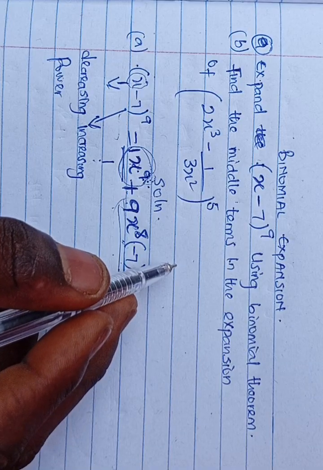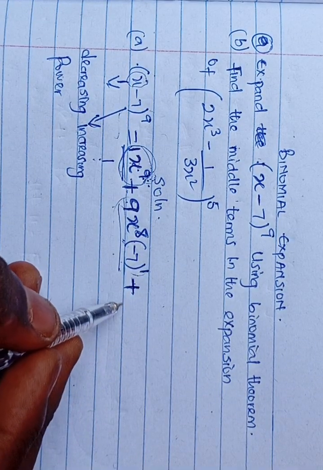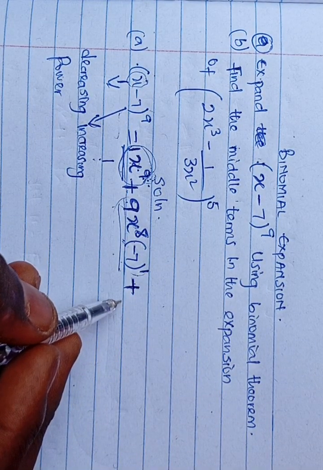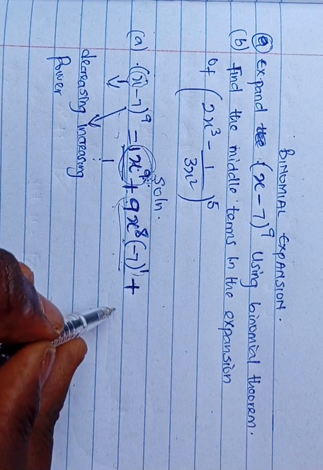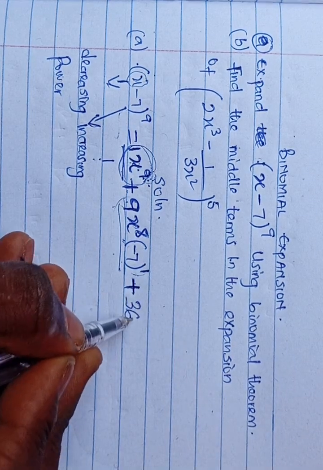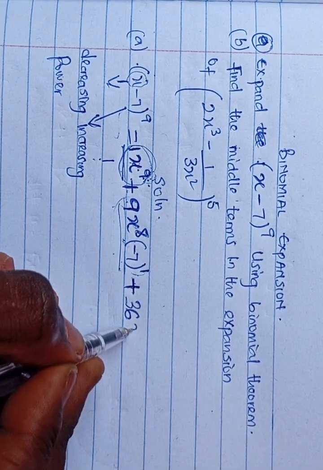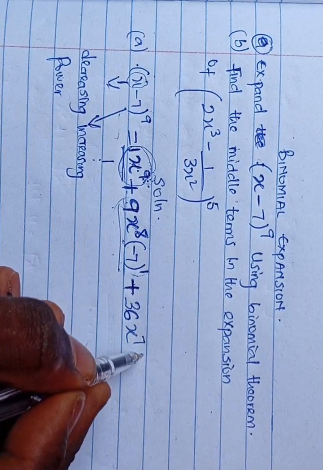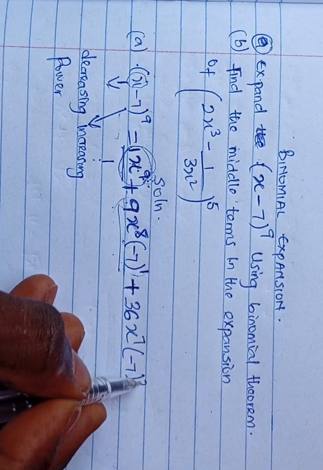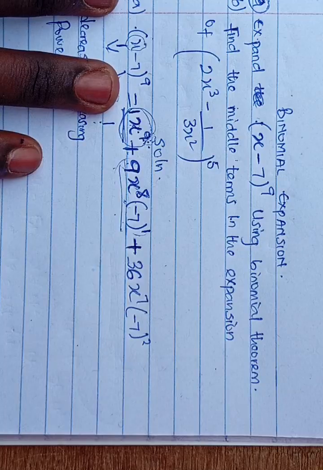It is the second term of the expansion. That means 72 divided by 2, and that will give you 36. So you just have to put 36 as the coefficient of the third term. x will be reducing, and minus 7 will be increasing. Do you understand what I'm saying?